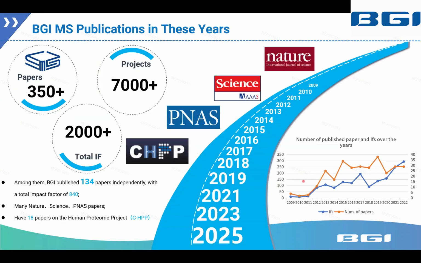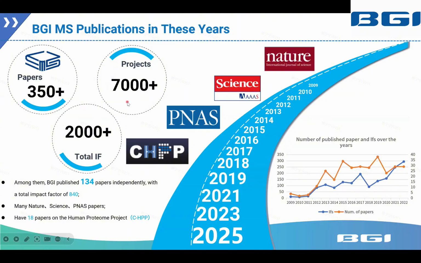Okay, so for over the past decade, with our rich experience in mass spectrometry technology, we have already published over 350 papers independently or with our customers together. Most of these papers were published in major global journals, with a total IF of over 2,000.